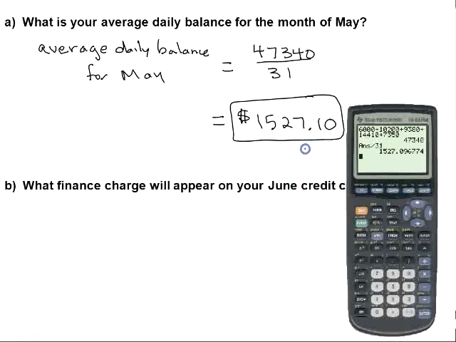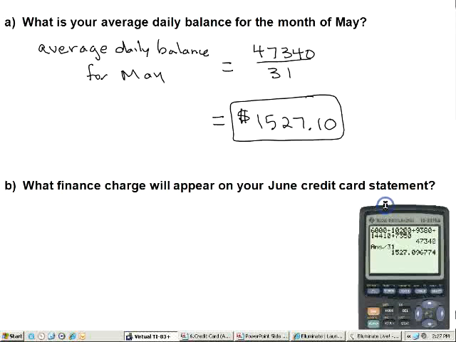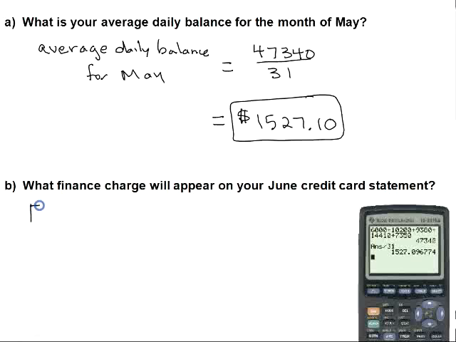Now the credit card company is going to use this average daily balance to figure out or compute the finance charge that they're going to put on our June credit card statement. So to find the finance charge that will appear on your June credit card statement, it's basically your simple interest formula, principal times rate times time.